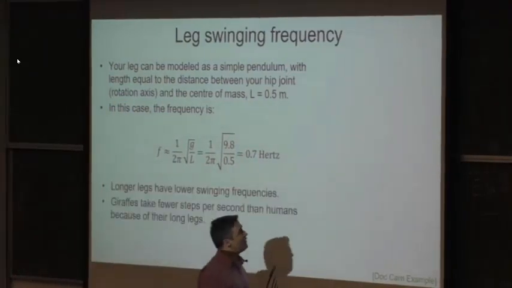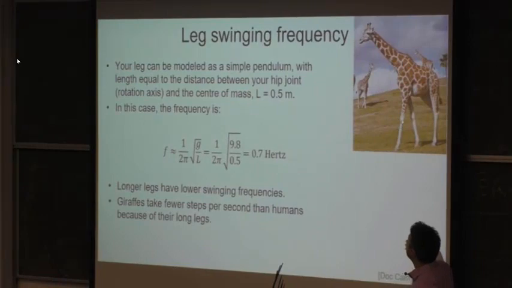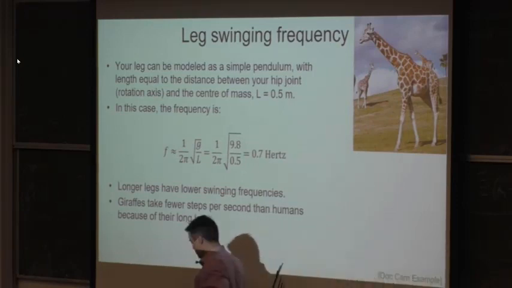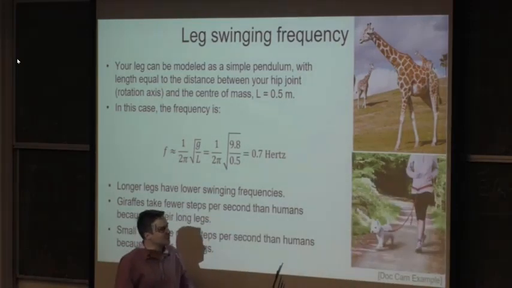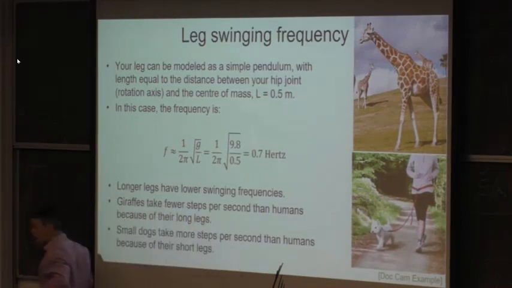For a giraffe, it would be lower because this distance between hip and center of mass of the leg is a lot longer. So their strides have a lower frequency as they're walking along. And you can definitely see it if you see one of these little dogs, their legs going at a very high frequency for the same reason.